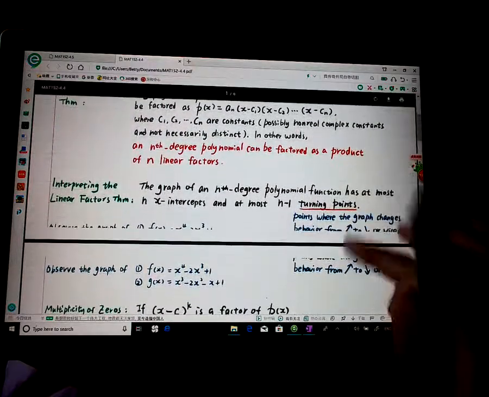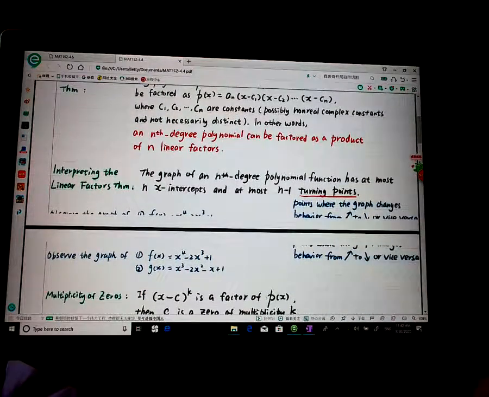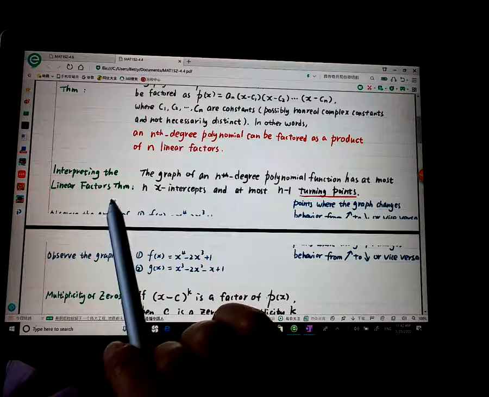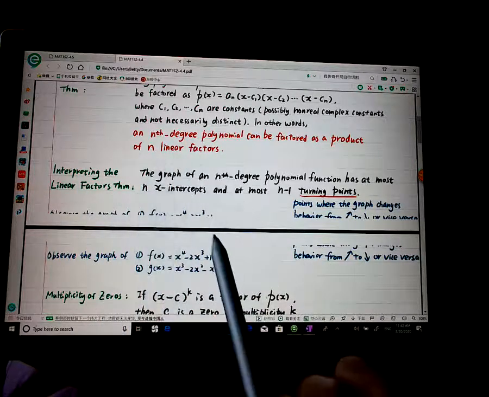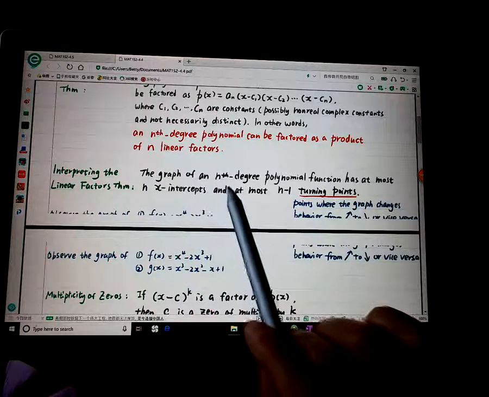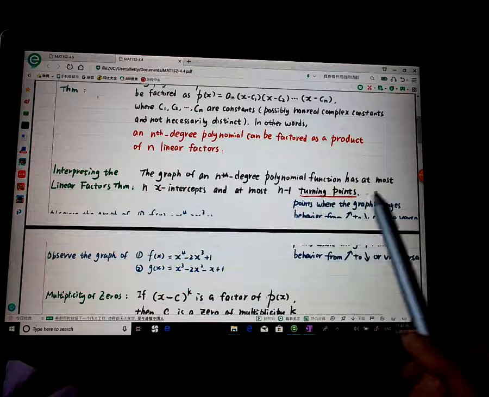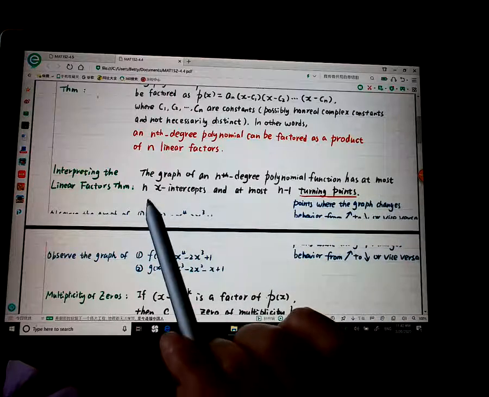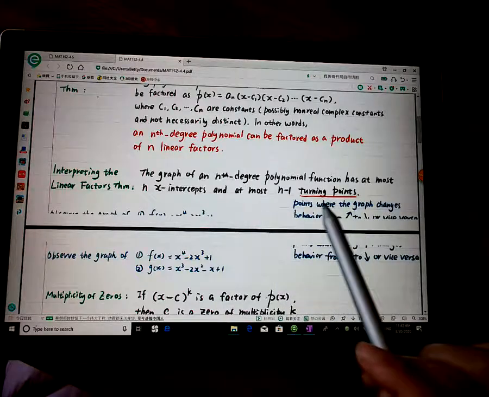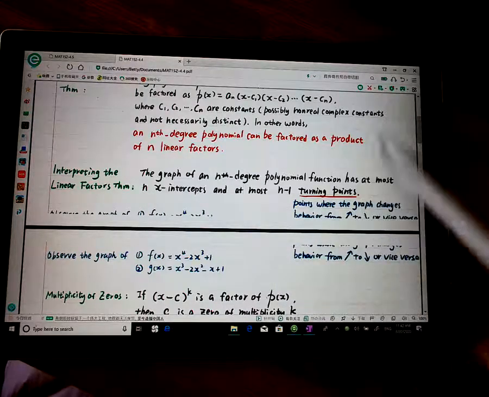Okay? And the next theorem, try to interpret the linear factors theorem right above it. Let's see the content. The graph of an nth degree polynomial function has at most n x-intercepts and at most n minus 1 turning points.